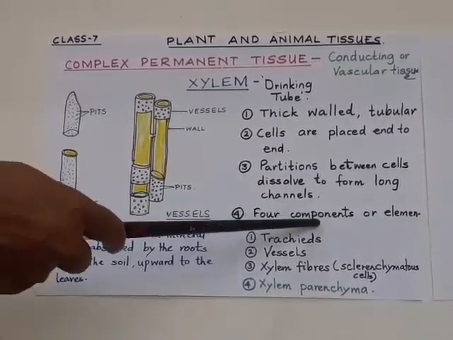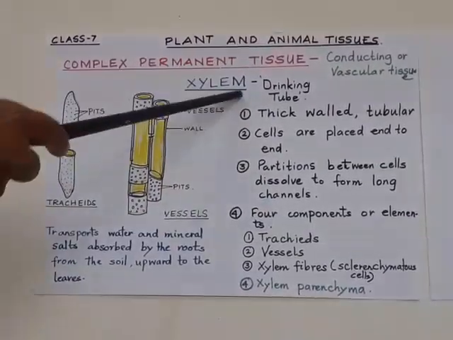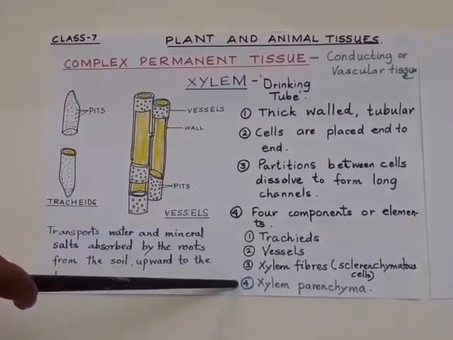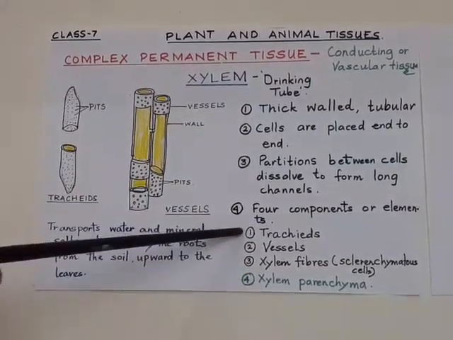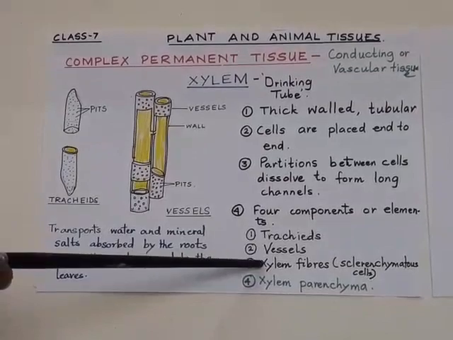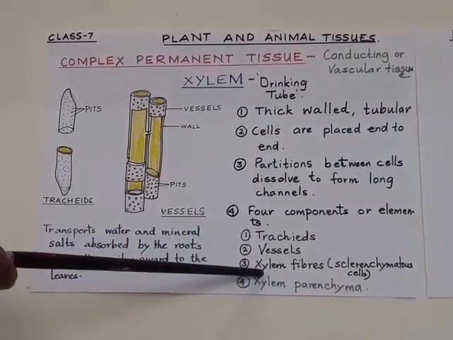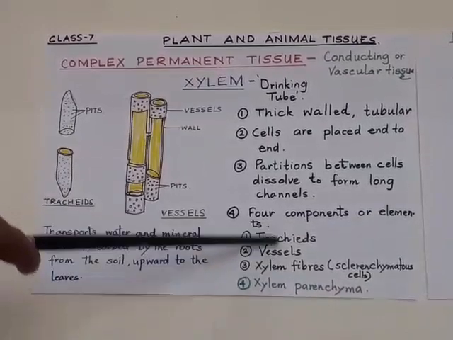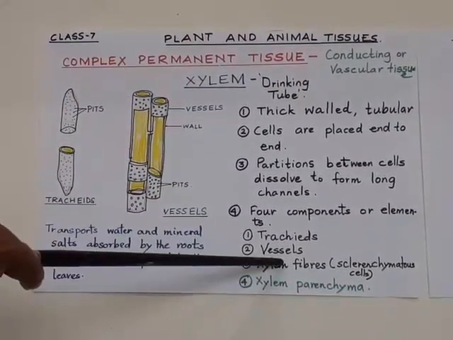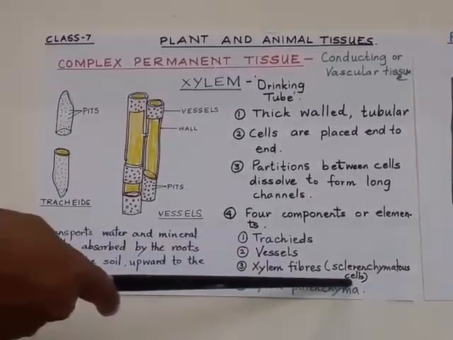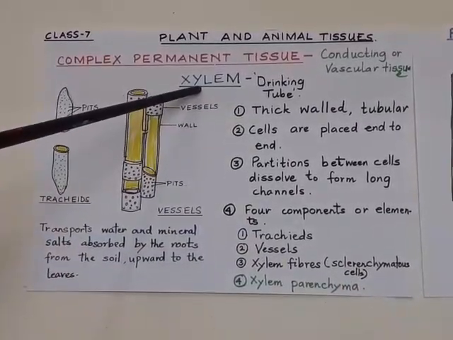So the four components or elements of the xylem are tracheids, vessels, xylem fibers, and xylem parenchyma. Now you will see that tracheids, vessels, and xylem fibers I have written in brown color. That means they are dead cells. Only xylem parenchyma is living in case of xylem.